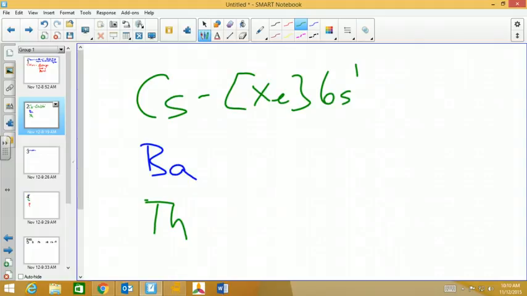So let me ask you this. How many valence electrons does cesium have? It's got one, right? Okay. So if it loses its electrons to become like a noble gas, right? What charge will cesium have? Positive how many? Positive 1. Does that make sense?